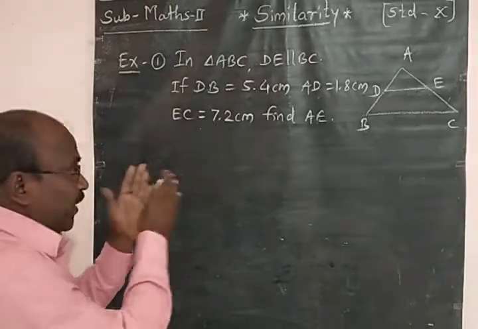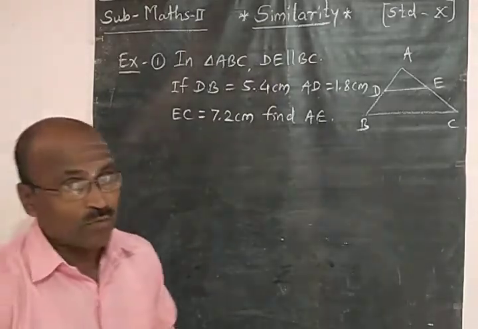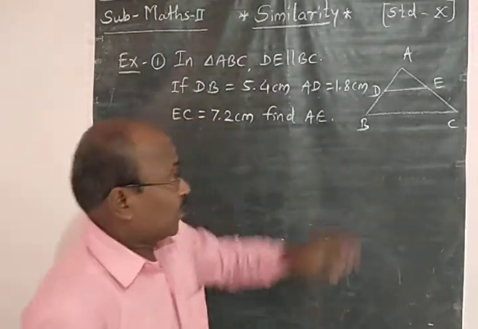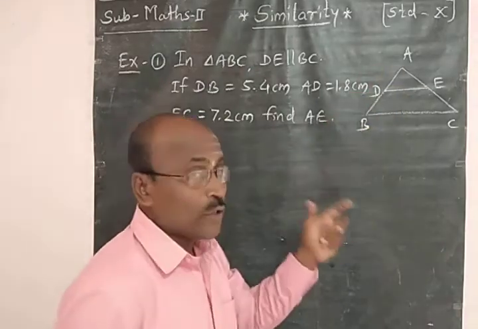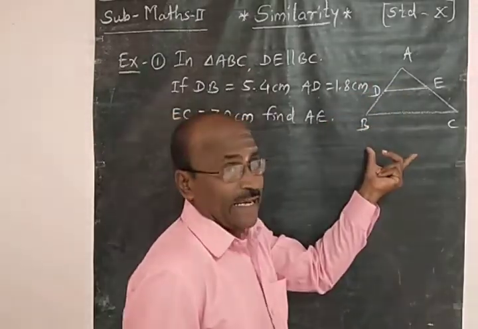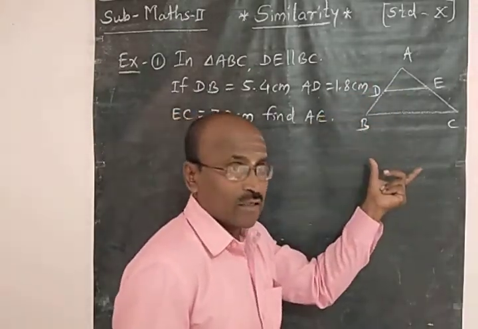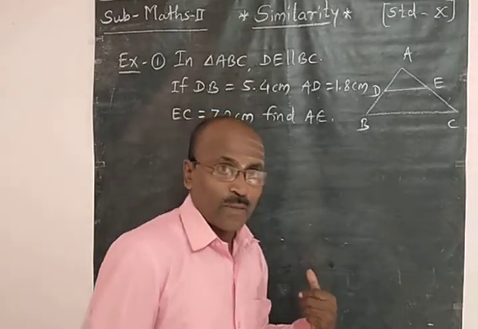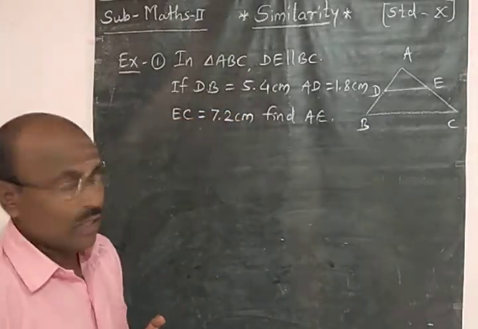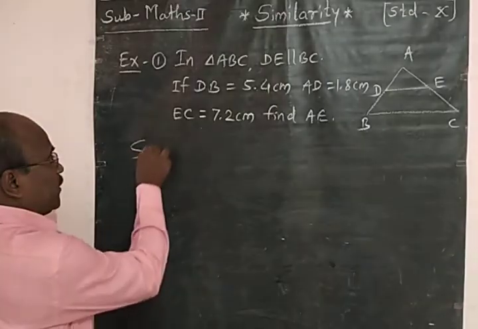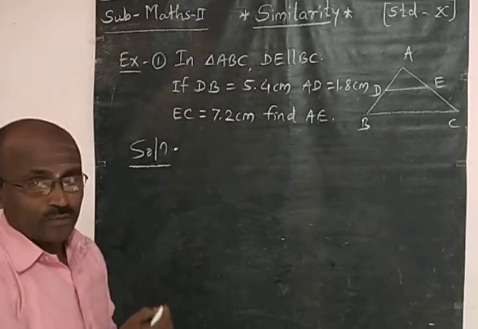So while using the basic proportionality theorem, we must mention which line is parallel to which side of which triangle, and then you can use the basic proportionality theorem. So first we have to write the solution.